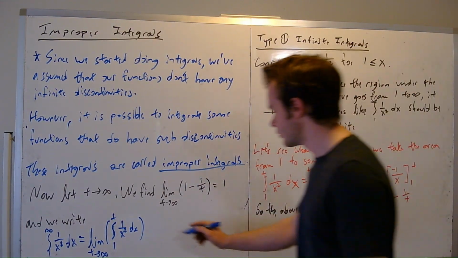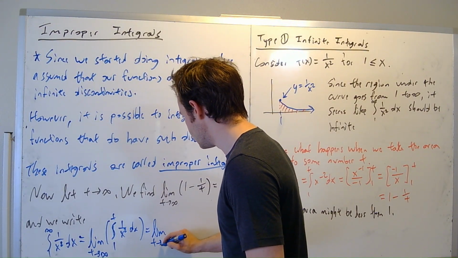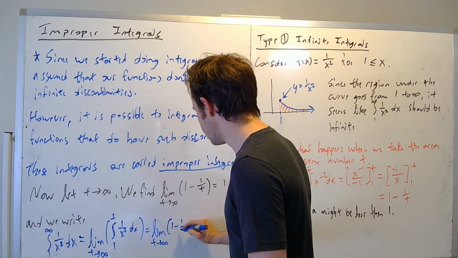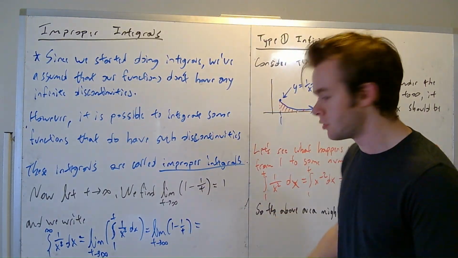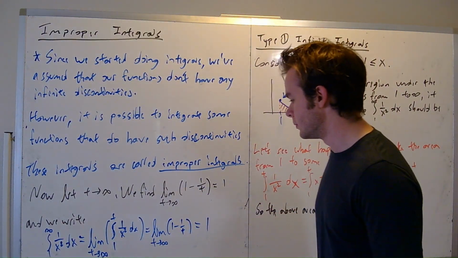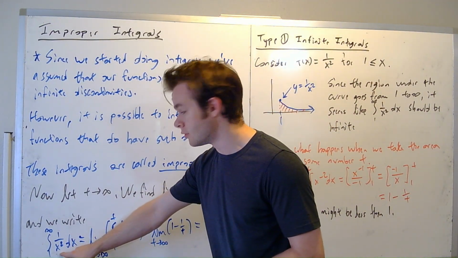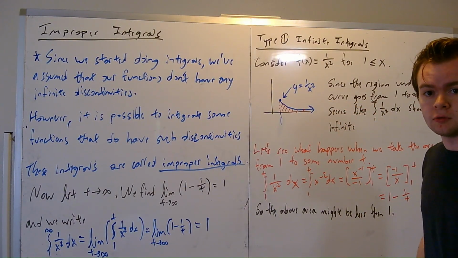So this is the limit as t goes to infinity of 1 minus 1 over t. And we already calculated what that was. That's 1. So it turns out that the area under this graph, this whole area, is actually just equal to 1.